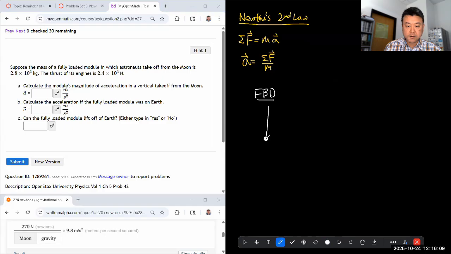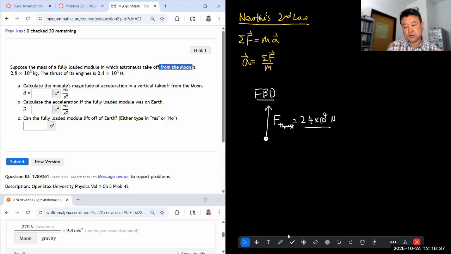There's gonna be an F thrust of 2.4 times 10 to the 4 newtons. Now, if you try to answer this question by dividing this by the mass and plugging it in as acceleration, it'll say it's wrong, because there's another force on this module that's only implied from the phrase "from the moon."